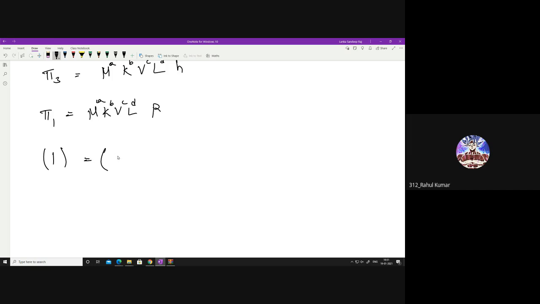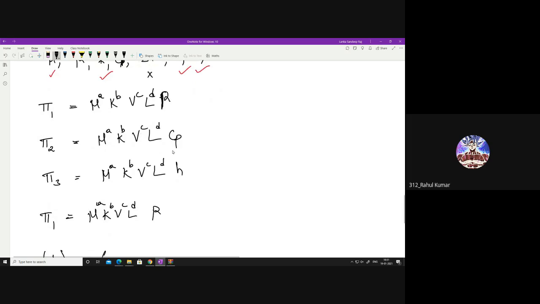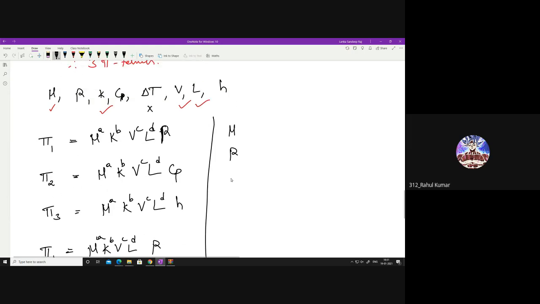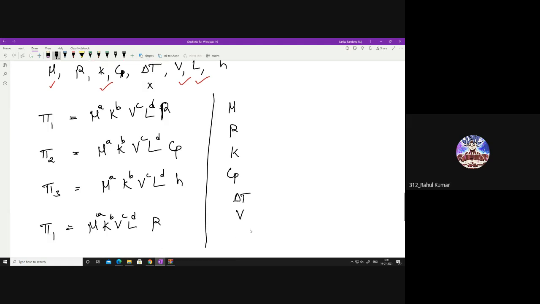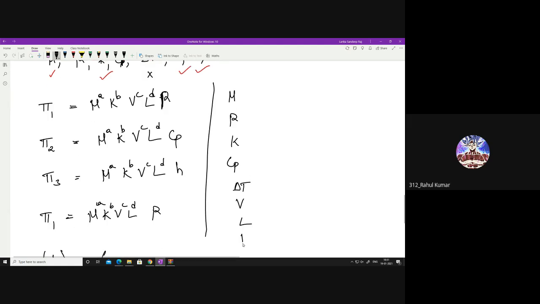Coming to the right, what is the dimensional formula for mu? Let me write all of them here: mu, rho, k, cp, delta t, v, l, h. What is the unit for mu?